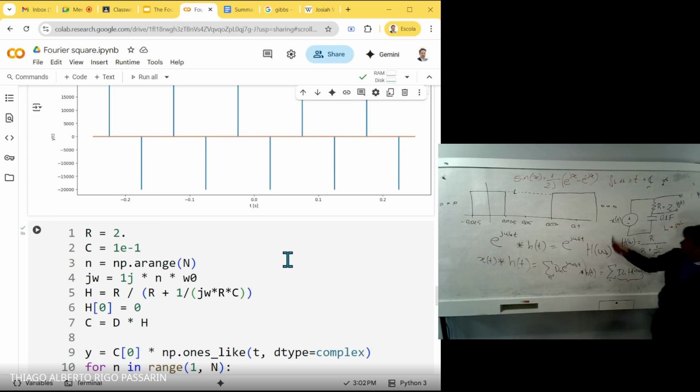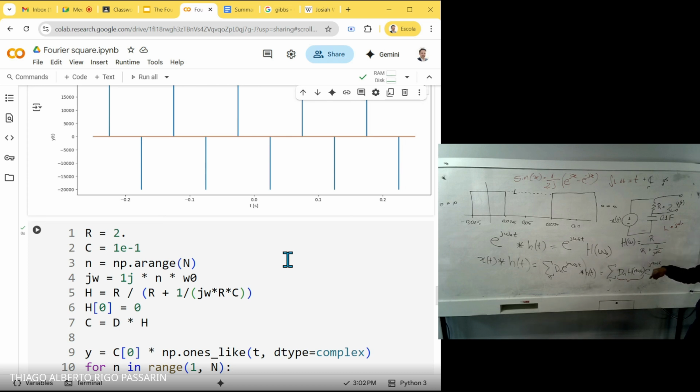So if I put this here, I could find the impulse response and do the convolution with the impulse response. Now, do we know how to find impulse responses? We still don't know. When we study the Fourier transform and the Laplace transform, then we will know.